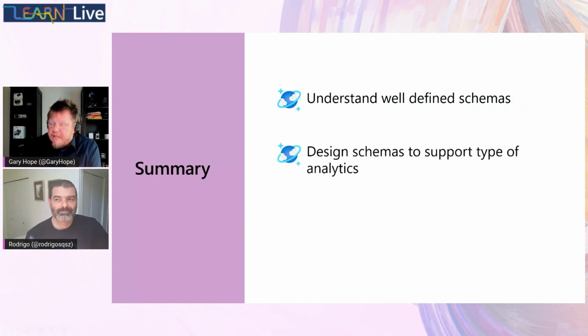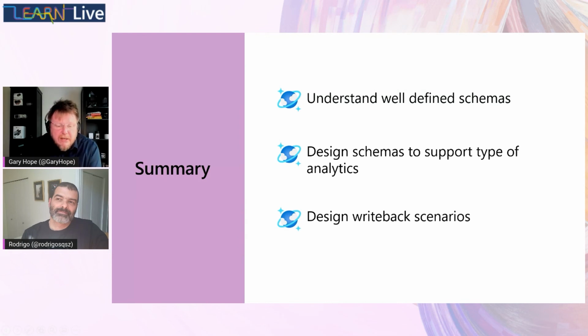And we've covered the different types of schema that you would need to create in order to enable your analytical processing. And we briefly touched on the functionality that's required in order for you to write back. We didn't get a chance to do a demo, but we did speak about that being enabled through the Spark capabilities within Synapse.